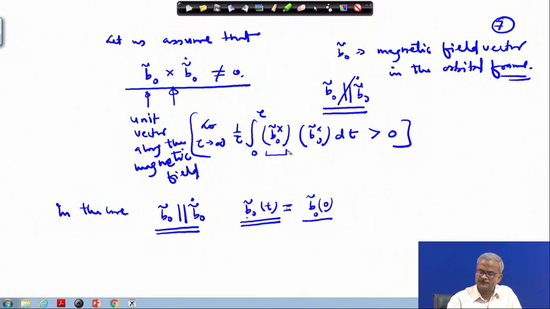So, these two terms can be expressed in terms of B 0. This term can be taken outside. If it is linearly dependent, it will appear as B 0 times t. Let us assume that this constant is not present.